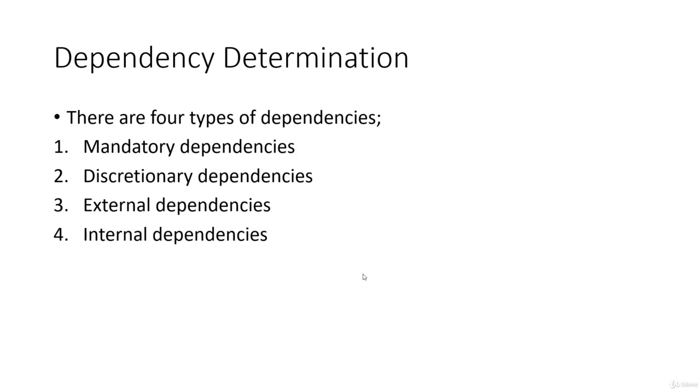Then we have discretionary dependencies. It is also referred to as preferred logic, preferential logic or soft logic. As the term suggests, it's optional, but sometimes a company may emphasize it because it could be the standard practice. There are shortcuts to do something, but the company follows the standard protocols, SOPs, and as part of those guidelines and standard procedures, there are certain requirements, certain dependencies which should be done.